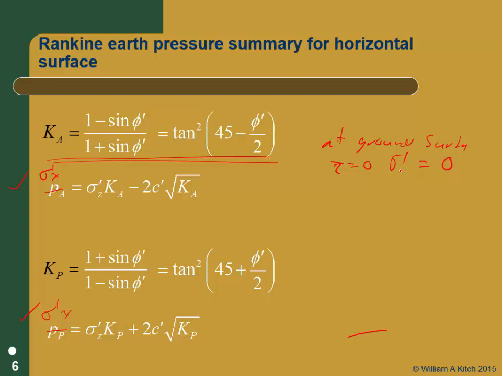Let me try that again. So at the ground surface, this term is equal to 0, and this term is equal to 0. In the active case, you have a negative earth pressure, and in the passive case, you have a positive earth pressure. These are limits now, remember, these are limits. Okay, that's probably not what we started thinking, because we normally think, oh, at the ground surface there's no vertical stress, there's no horizontal stress, everything's 0, life is good. Well, no, when you have cohesion, that's not the case.